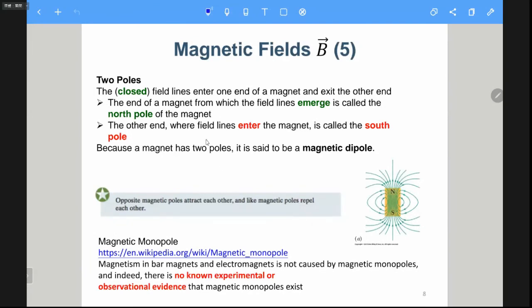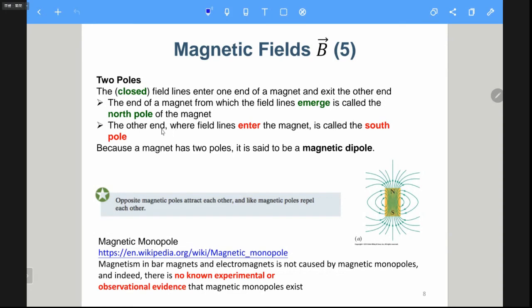Okay, so let me finish this page. Two poles. For a magnet, we can only see two poles occurring at the same time, which means the closed field lines of a magnetic bar enter the other end. The end of the magnet from which the lines emerge is called the north pole.